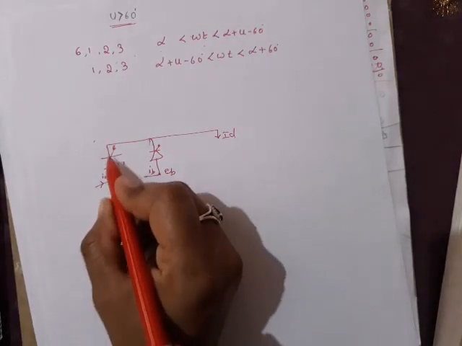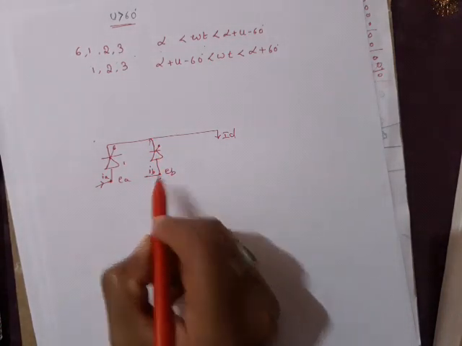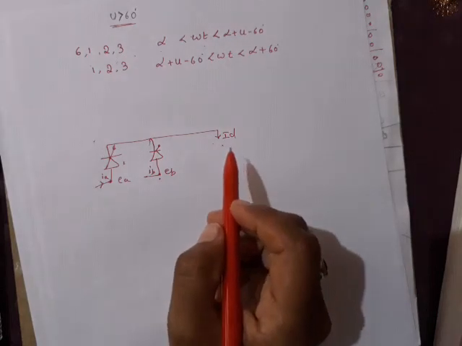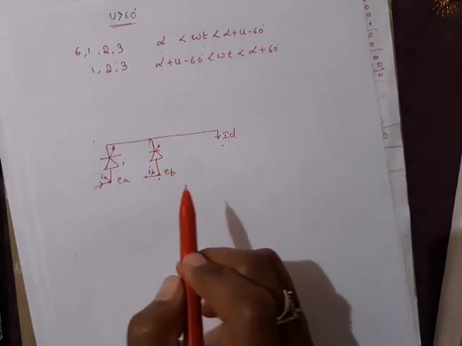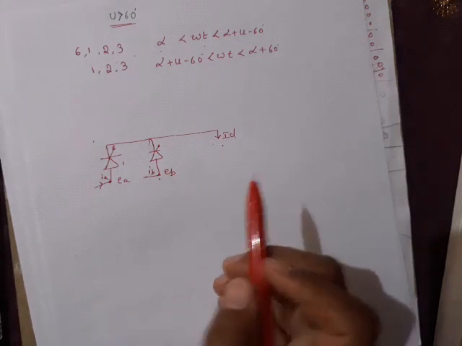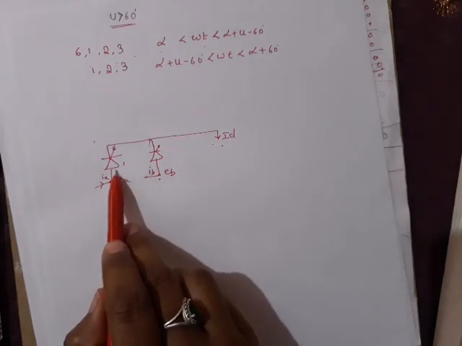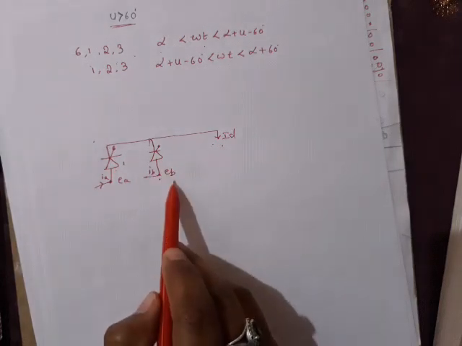Initially valve 1 is carrying the ID current, then we are shifting that ID current to valve number 3. That shifting of current is not instantaneous, because of the presence of source inductance. That's why we are analyzing the overlap angle. The presence of source inductance leads to the overlap angle. So our job is to shift the ID current from valve number 1 to valve number 3.